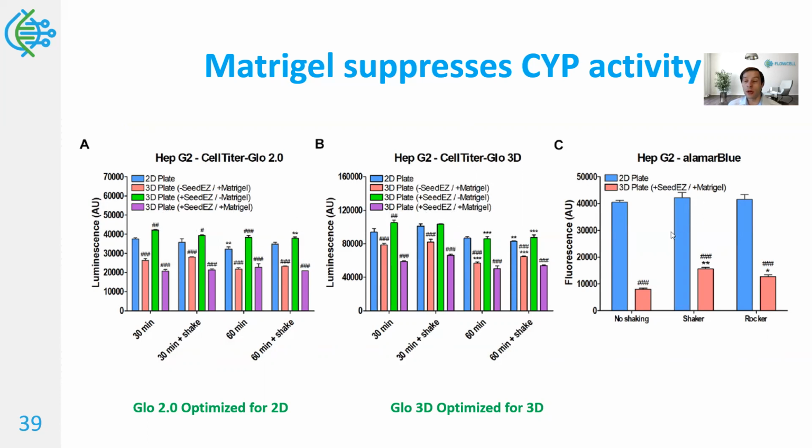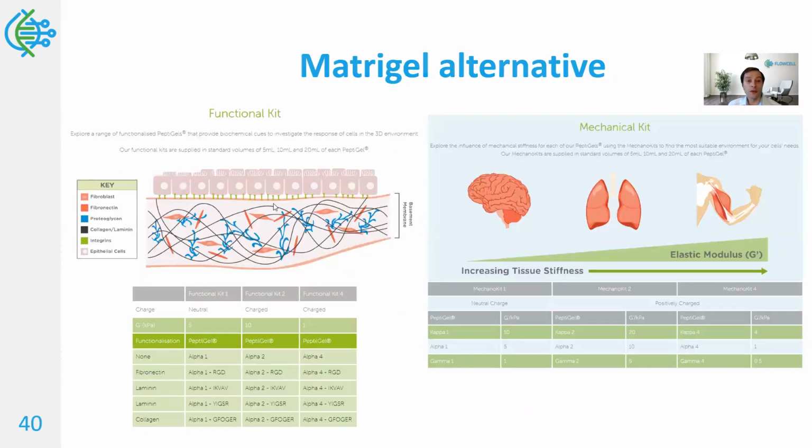In terms of metabolism, this is another way of looking at it. How it's suppressed basically with Matrigel. So there is an alternative, and it's composed of very well-defined chemical components.